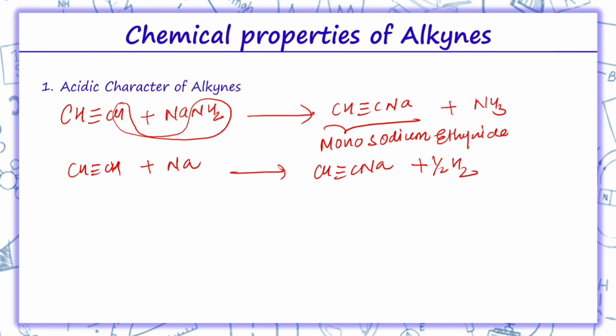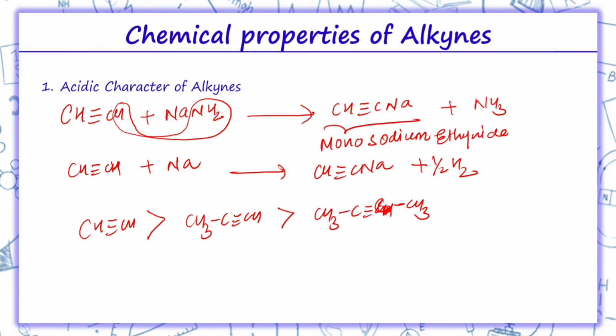We can see that the terminal alkynes show these reactions because terminal alkynes are acidic in nature. This acidic character of alkynes decreases in the order of CH triple bond CH, which is more acidic as compared to propyne, as compared to butyne.